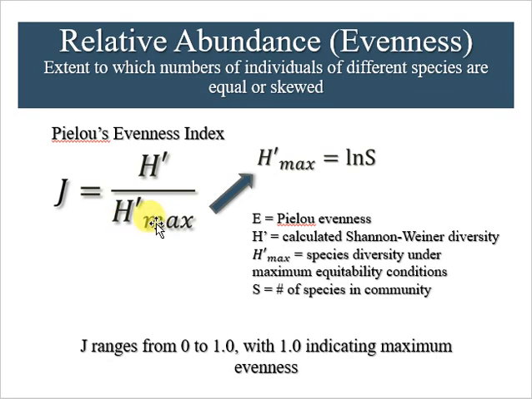Right? So this value here is representative of basically the maximum amount of potential species diversity under maximal equitable conditions, right?